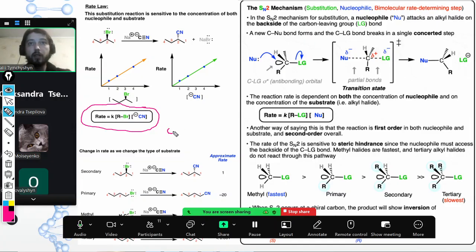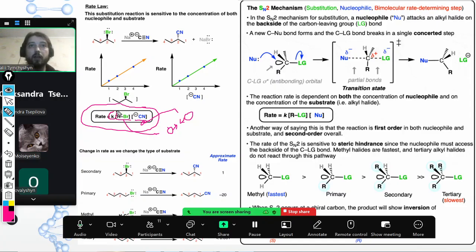If two molecules collide, they should be the exact species that we want. The probability that this one is, for example, our substrate is proportional to the concentration of the substrate, and that this one is the nucleophile is proportional to the concentration of the nucleophile.